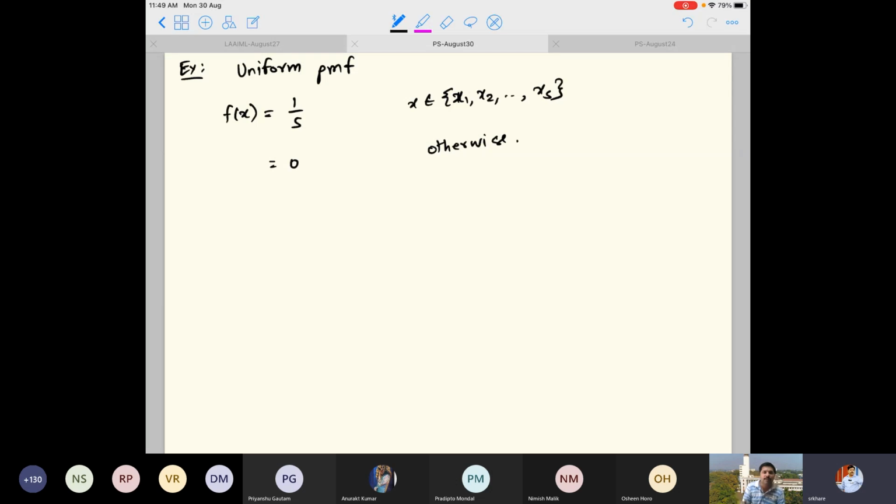Another example is the negative binomial PMF.